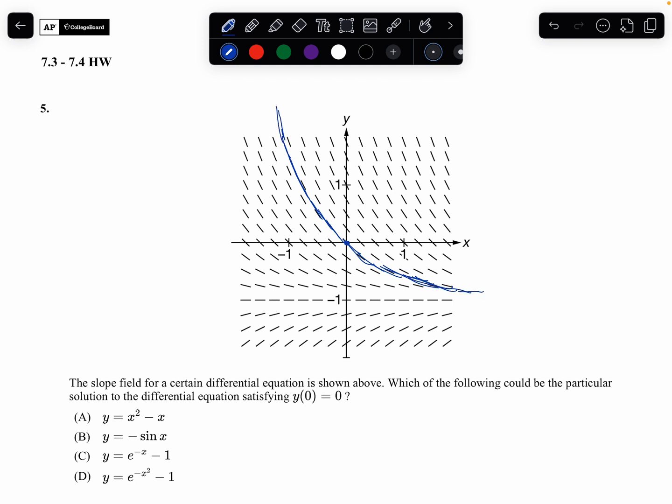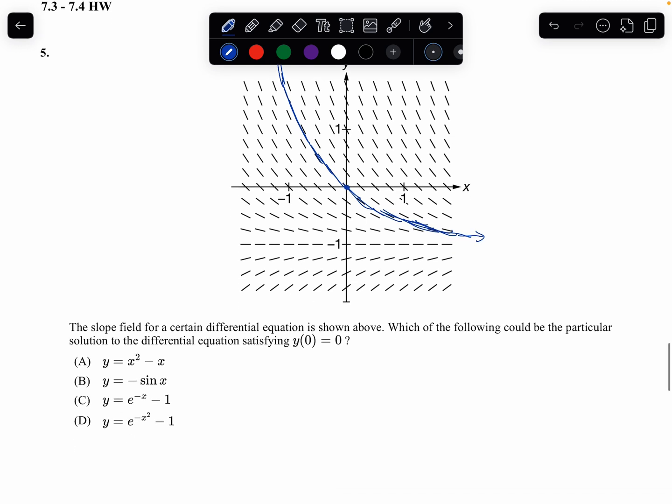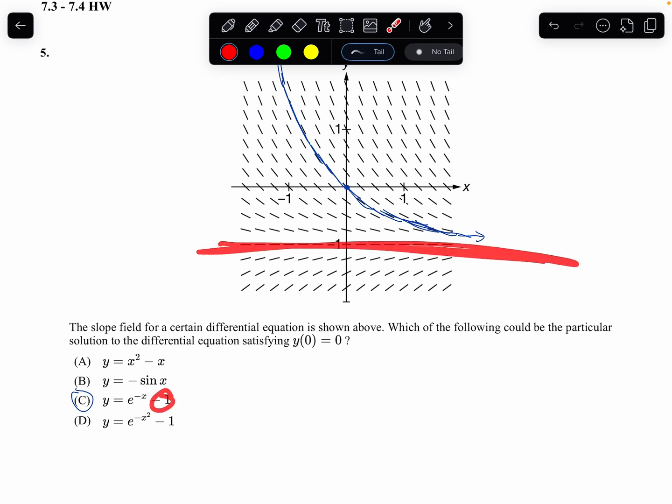That looks pretty exponential. If you're asking me, that looks like e to the negative x minus 1. That looks like a C, if I'm being honest. Should I check? I feel pretty good about it, since this is a shift down one and there's a horizontal asymptote here at negative 1, and you can see that that's going to be a decay.